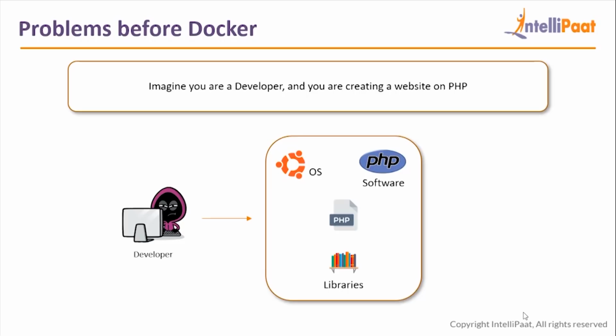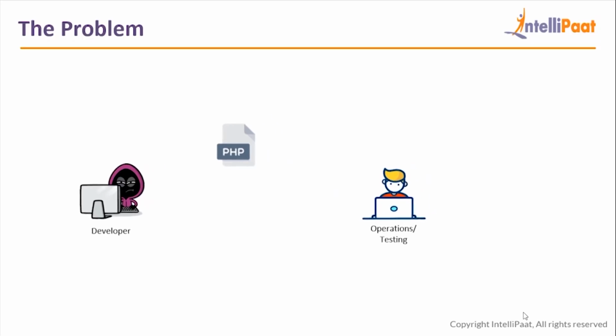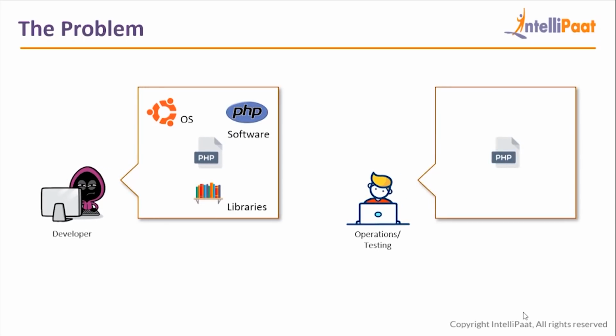Now, the problem occurred when this particular program had to be given to someone else. Right? So the developer finished his job. Now it was the job of the tester to check this program. So the developer would give the PHP file to the operations guy, and let's see what the operations guy would do. Now the operations guy is in the same exact position that the developer was when he was starting to develop his code.